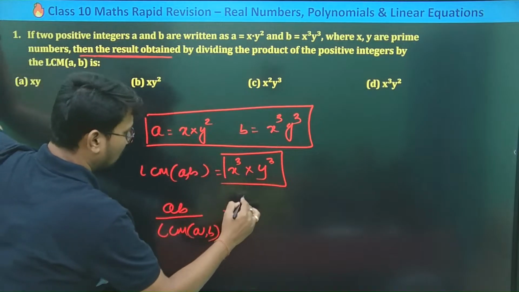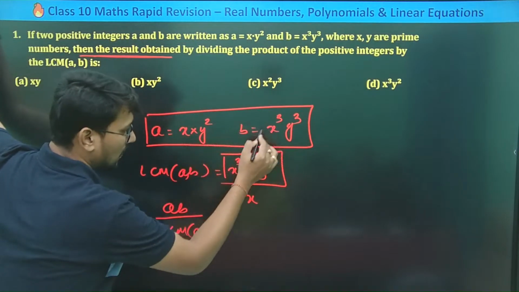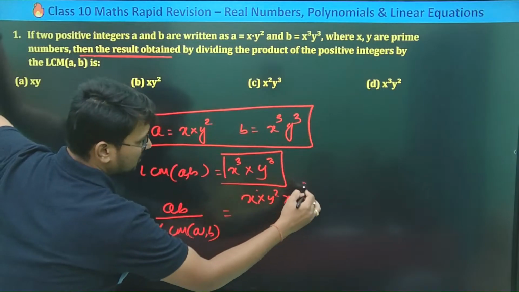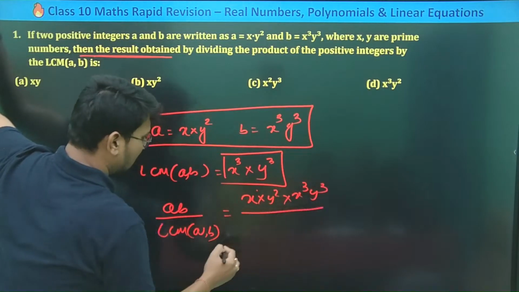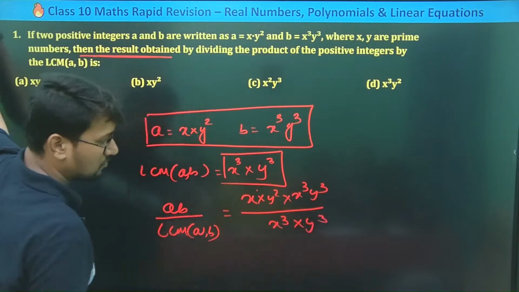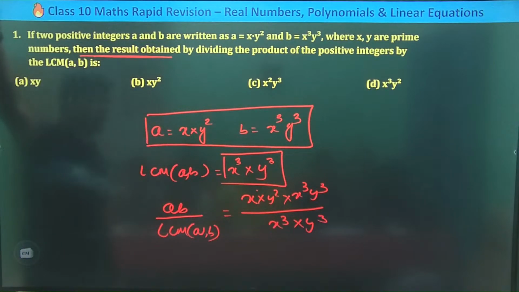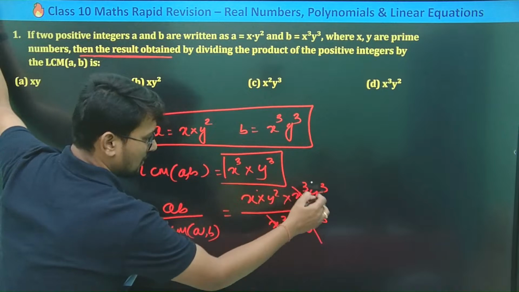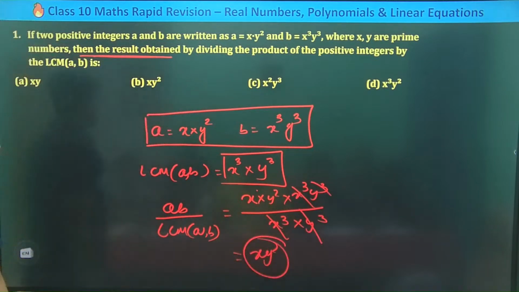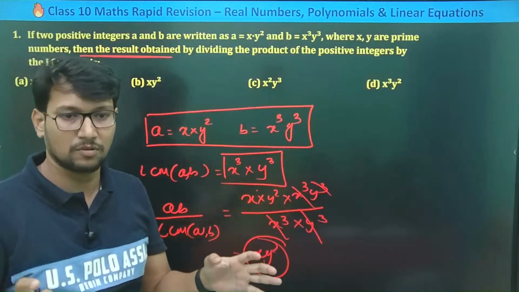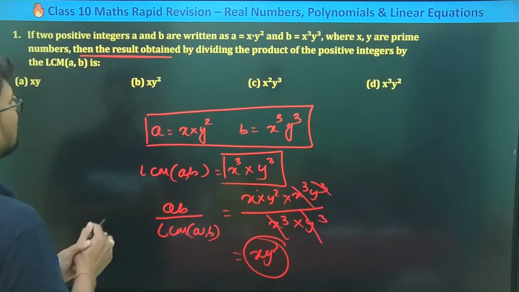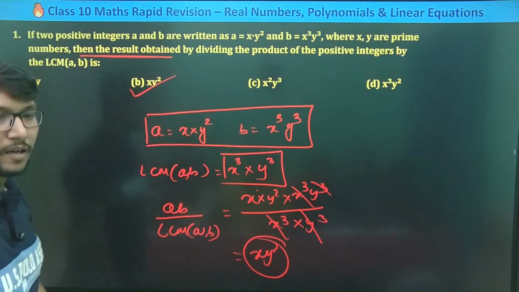X into Y square into X cube Y cube, divided by LCM X cube into Y cube. X cube Y cube cancel, so what is left? X Y square. Is that clear? Any doubt? Which one is the answer? B. Clear, everyone?